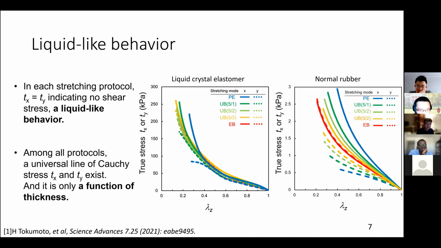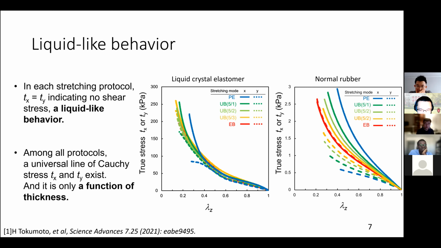What's more is that for all the colors, you have a universal line that is independent of the protocols. It is just a function of the thickness. So basically the stress in our stretch is only a function of the area of the membrane.